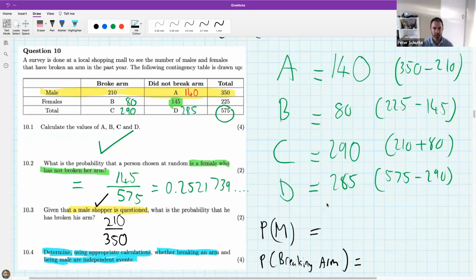Now I have to think, what are we considering? We're considering the whole population, which is 575. What's the probability that a randomly chosen person is male? It's just going to be 350 out of 575.